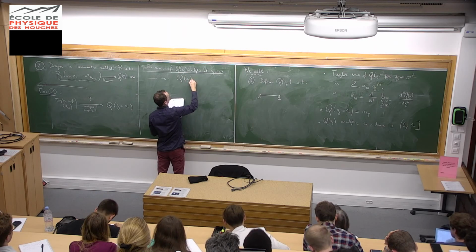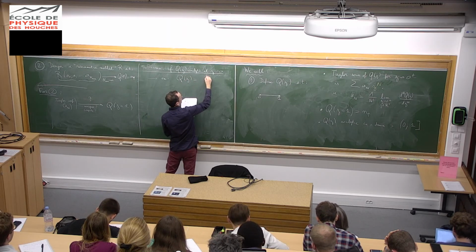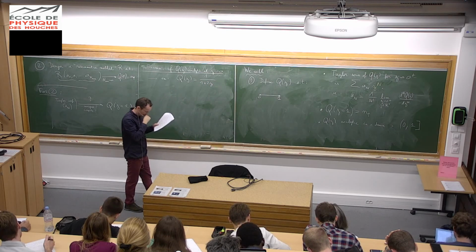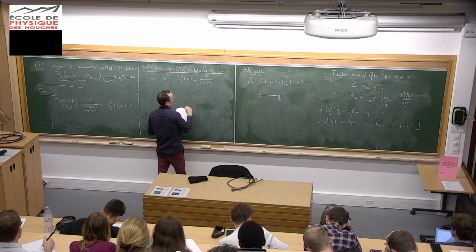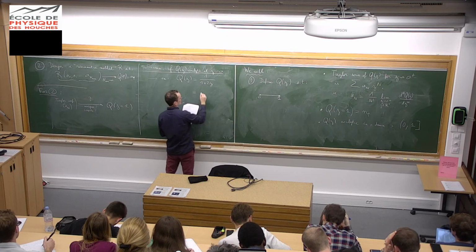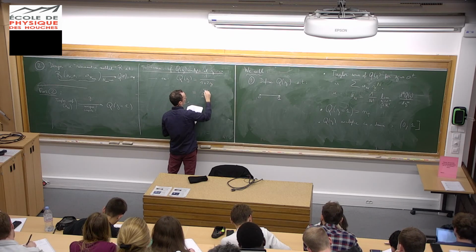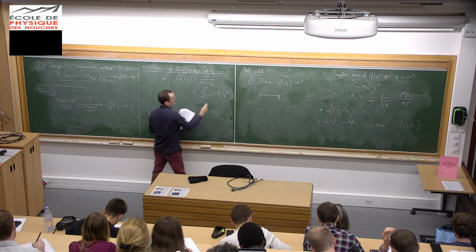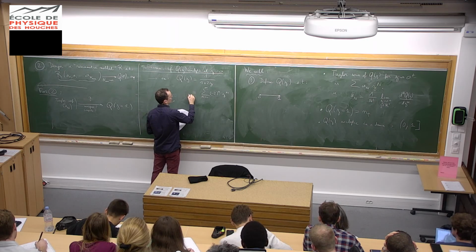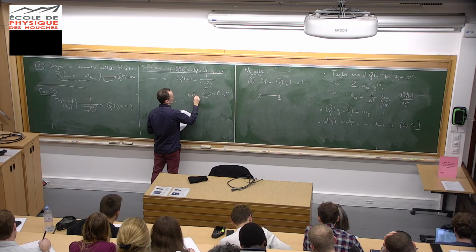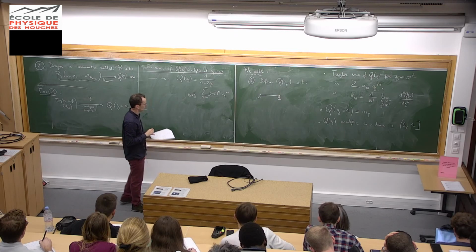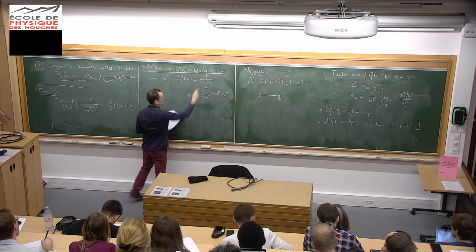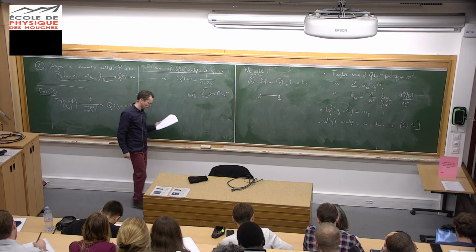Let me consider Q of z, which is just 1 over 1 plus 2z. Then formally you can expand this in powers of z, and this series is convergent if the modulus of z is smaller than 1/2. And if that's the case, then it converges to the correct result.